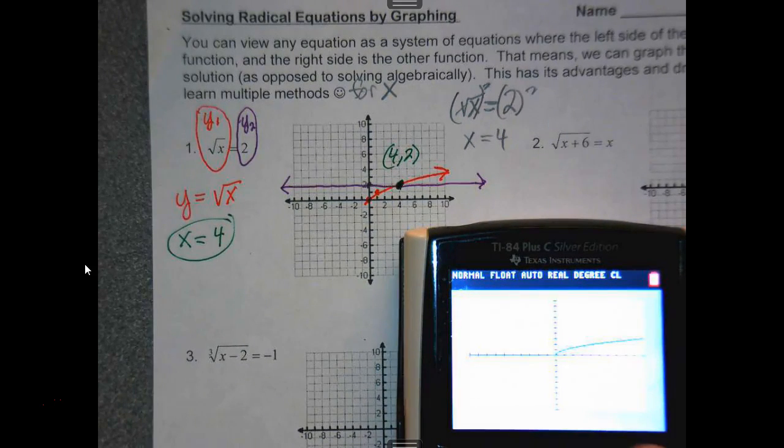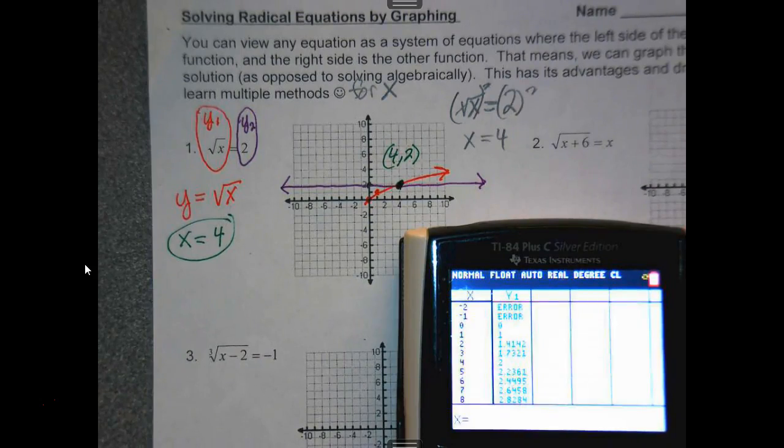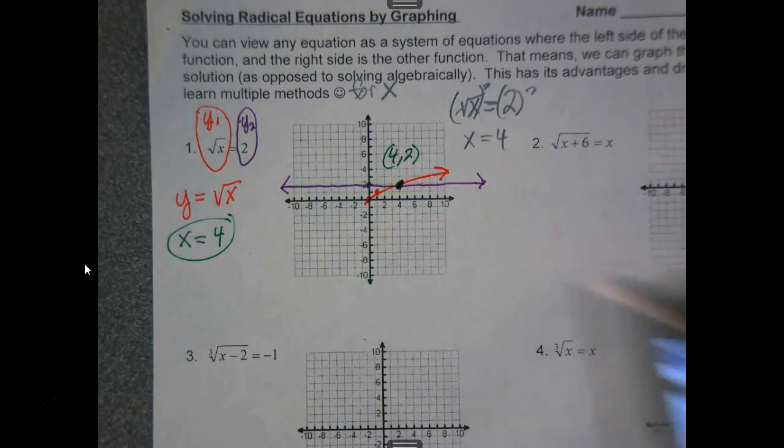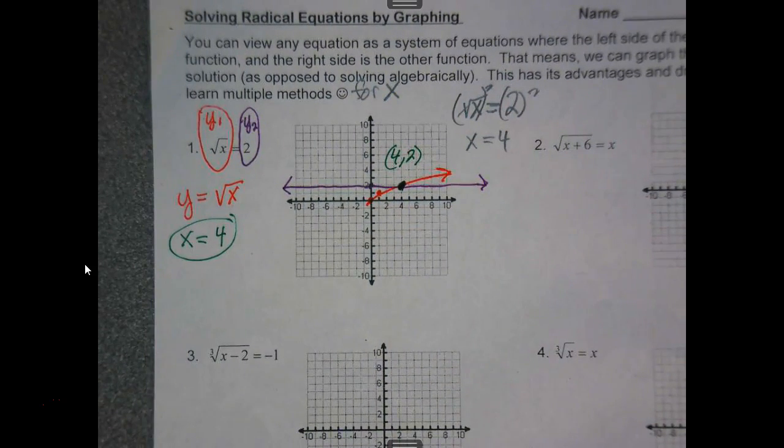And then I got my good points: 0, 0, 1, 1, 4, 2. This is all the calculator I need right there. Well, you have it, you just don't use it.